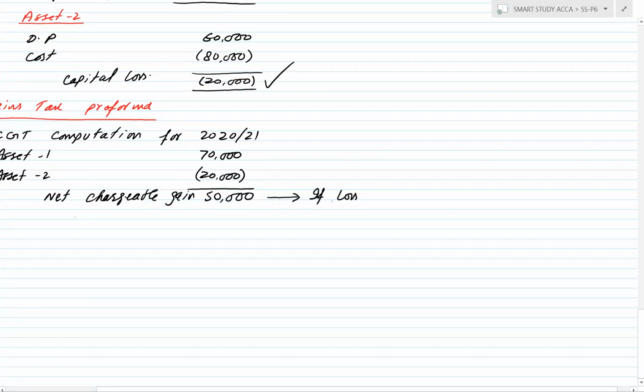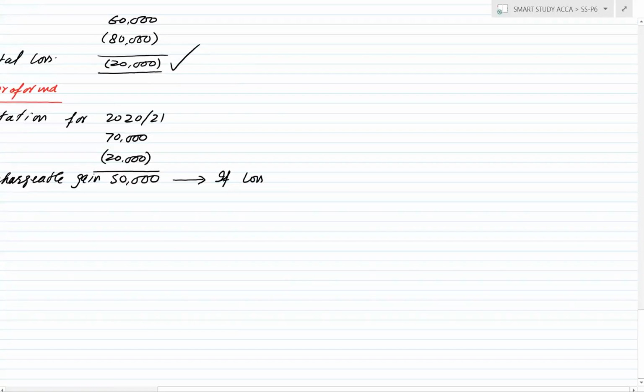If there is a net loss over here, then no CGT, and we close the pro forma.